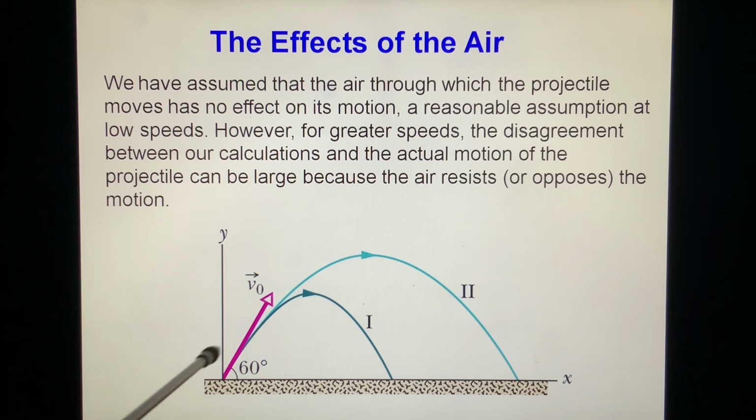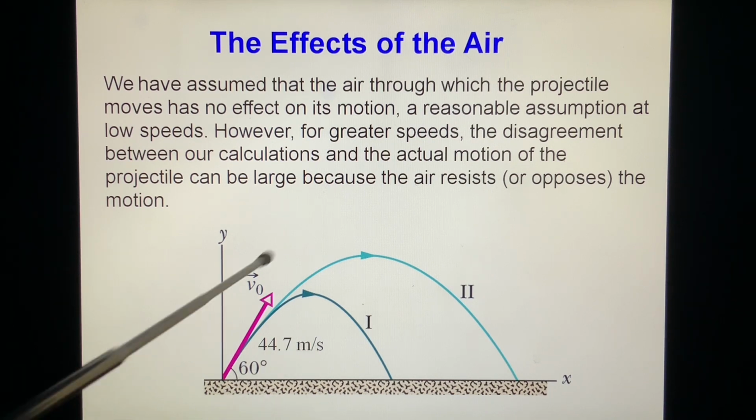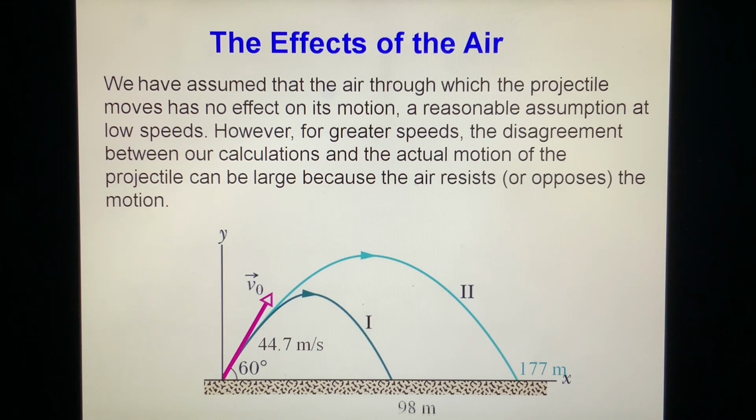We look at this: we have a projectile with initial speed v0 at an initial angle of 60 degrees. From our calculation, this speed is 44.7 meters per second. You should have a range of 177 meters. But in that environment of air resistance, actually it only reached 98 meters.